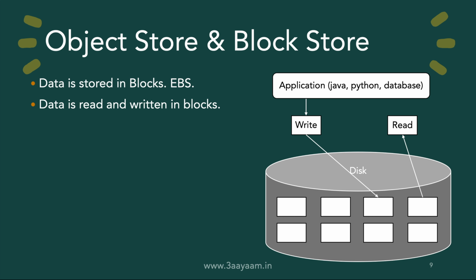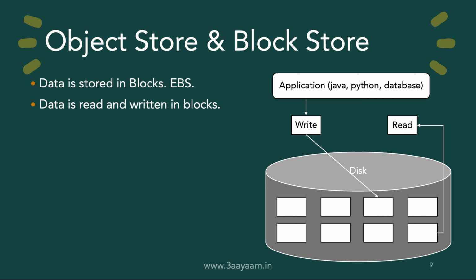It does not matter that you want to read a single record, the entire block would be read and given to the application. Of course, if the record size is more than 4 KB, then multiple blocks would be needed to store a single record. So this is how data is read and written in blocks.